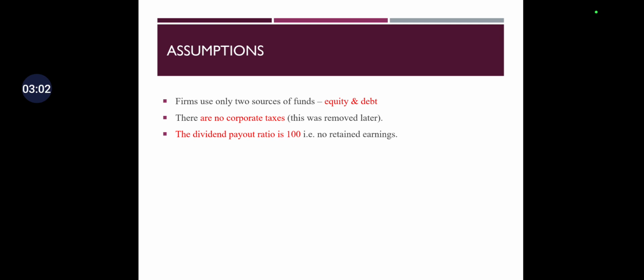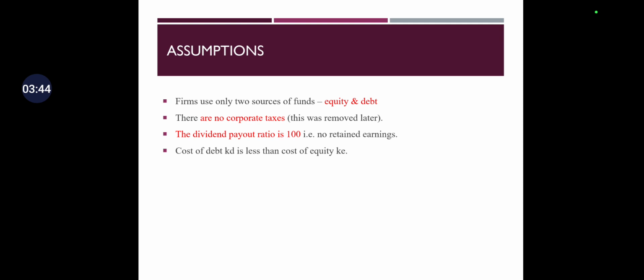Retention means some of the amount from the profit will be kept aside as a provision for future financial needs. But in the concept of capital structure, there is no process like that. All the residual earnings earned by the company will be distributed as dividend. So it is mentioned as 100% dividend payout ratio and 0% retention ratio.